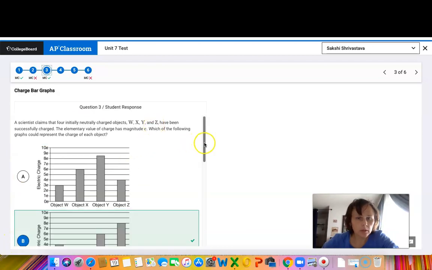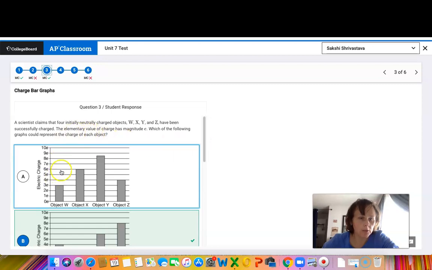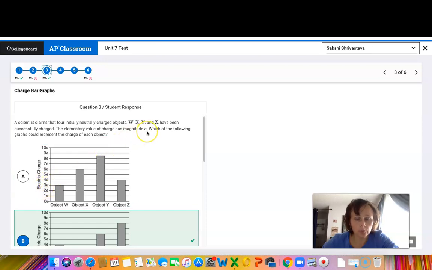Next question is asking about 4 neutrally charged objects, and those objects have been charged. And the elementary charge, which is shown on the y-axis, is the charge of magnitude e, right? The charge of one electron, which is 1.6 times 10 to the negative 19 coulombs.